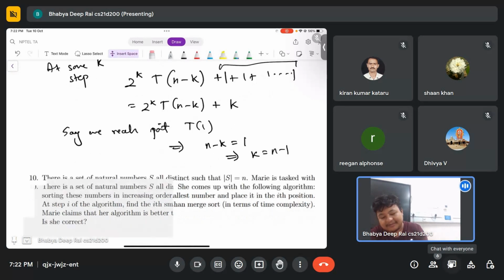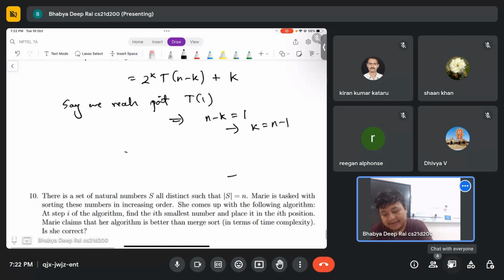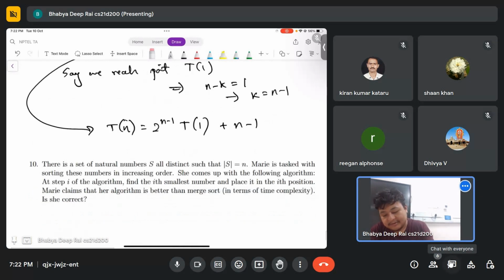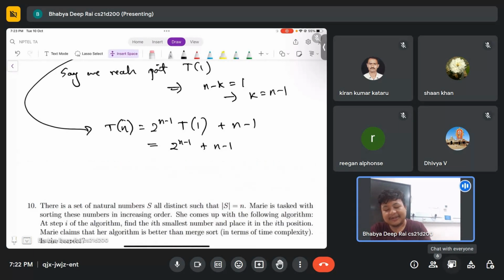Well, if k equals n minus 1, we have that Tn is equal to 2 to the n minus 1 times T of 1 plus n minus 1. So this is nothing but 2 to the n minus 1 times 1 plus n minus 1. But asymptotically, what is it?